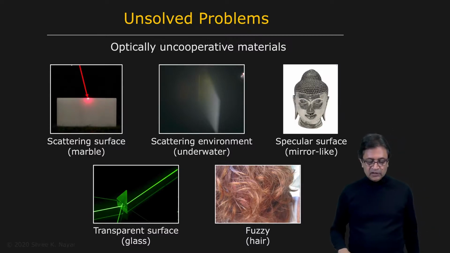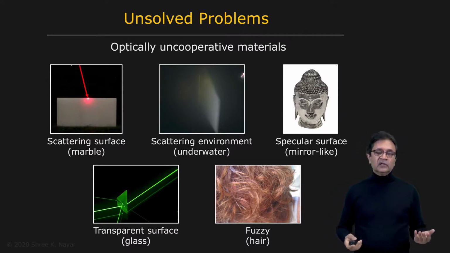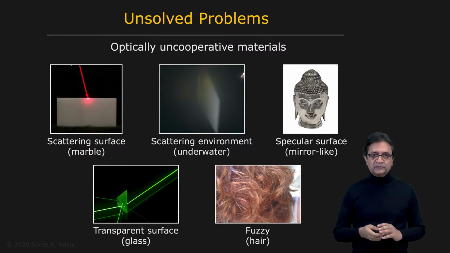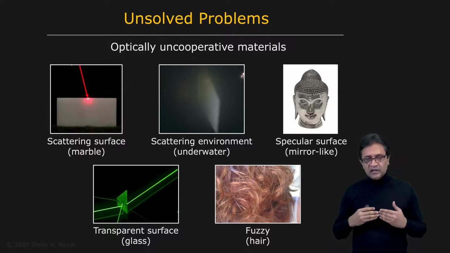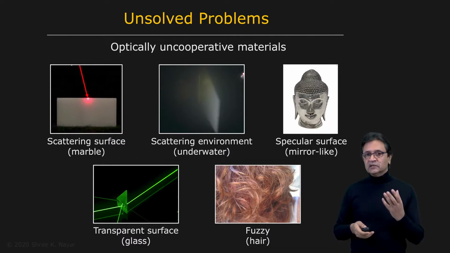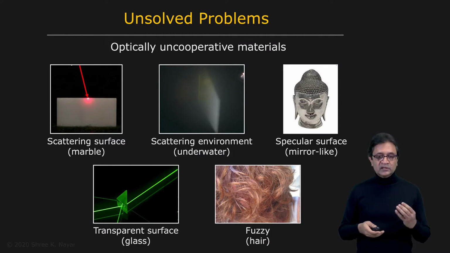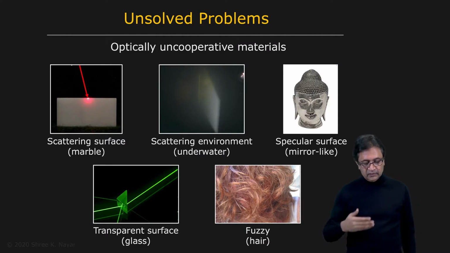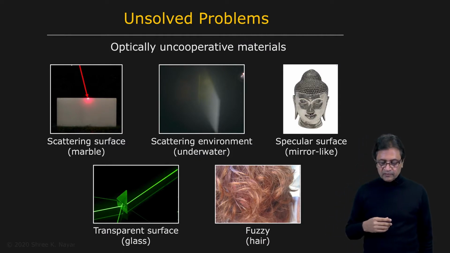So that's another challenging problem. And then, of course, you have transparent objects that might bend light, that might just have light pass through. How do you recover the three-dimensional shape of a glass that is completely transparent? These are challenging problems that new methods are being proposed for.